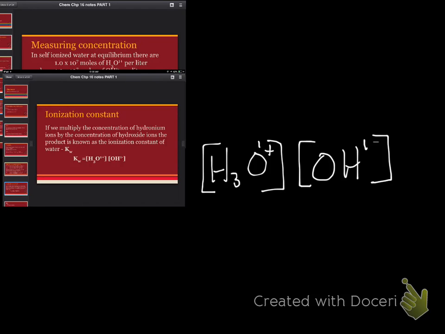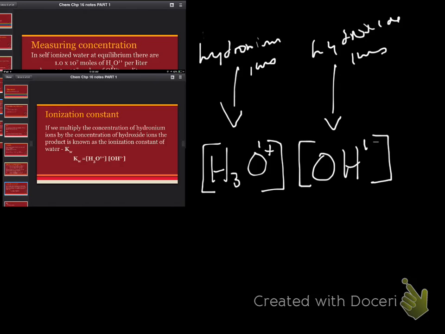So if we take the concentration of hydronium ions and we take the concentration of hydroxide ions and we multiply them together, we get something called the ionization constant.